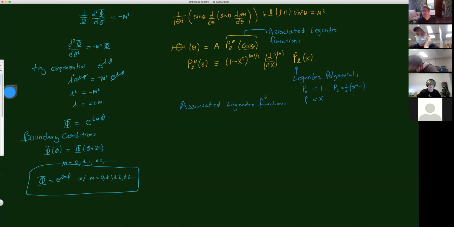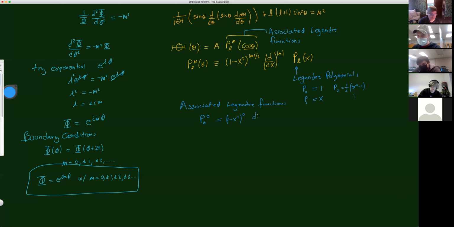So I would like to get P00, right? That's L equals 0 and M equals 0. Okay, so from this formula, I know I have to take 1 minus x squared, and M is 0, so to the 0, right, which is just 1.